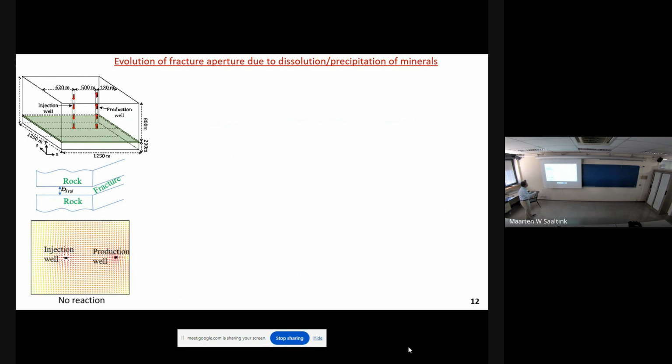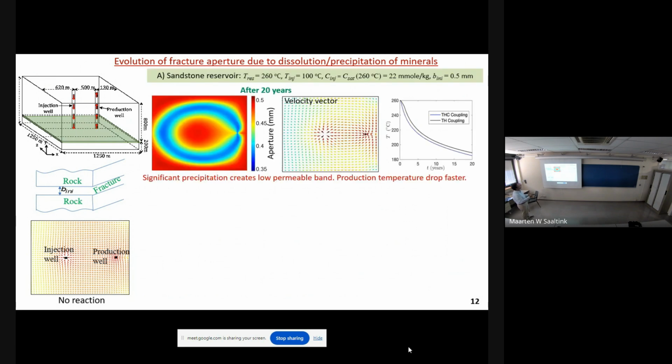If there is no alteration of the aperture and permeability, then the flow field will be very nice, some kind of doublet, not exactly a doublet system, but anyway a source-sink system. But if precipitation or dissolution happens, we are showing one case for each.